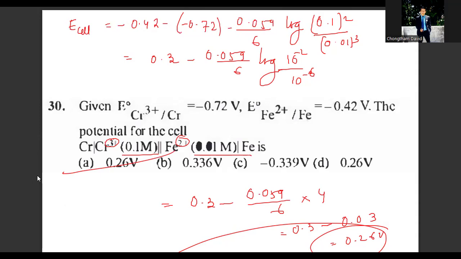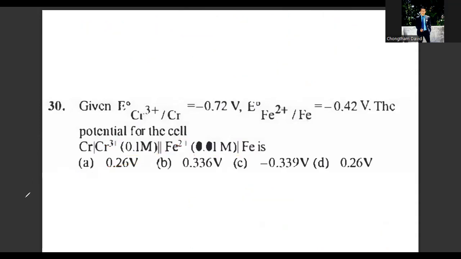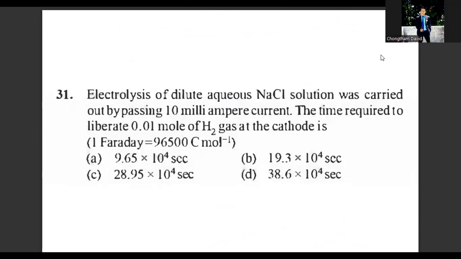Let us see question number 31. Electrolysis of dilute sodium chloride solution was carried out by passing 10 milliampere current. The time required to liberate 0.01 mole of hydrogen gas at the cathode is. Let us write the equation.